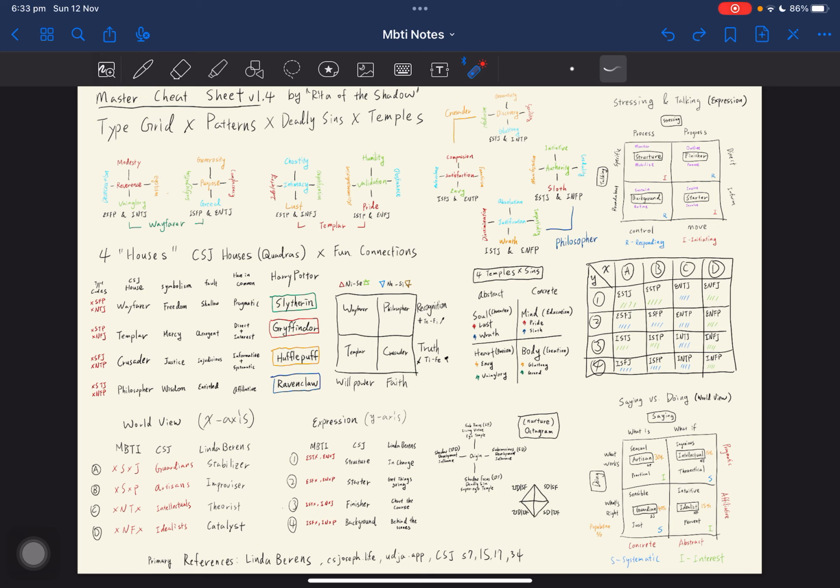So the type table itself is number 0, and this is number 1, this is number 2, this is number 3, and this is number 4. So there are 5 major elements on the typing table.